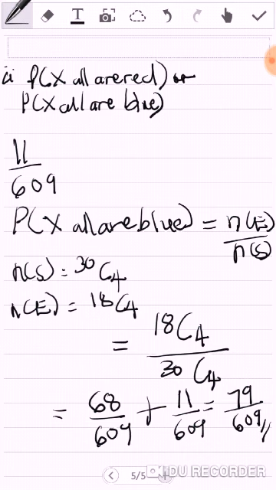Let's go to the last question. Probability that 2 are red and 2 are blue. So from the second one, we saw they are of the same color. So the 4 that we are selecting can be either blue or red.